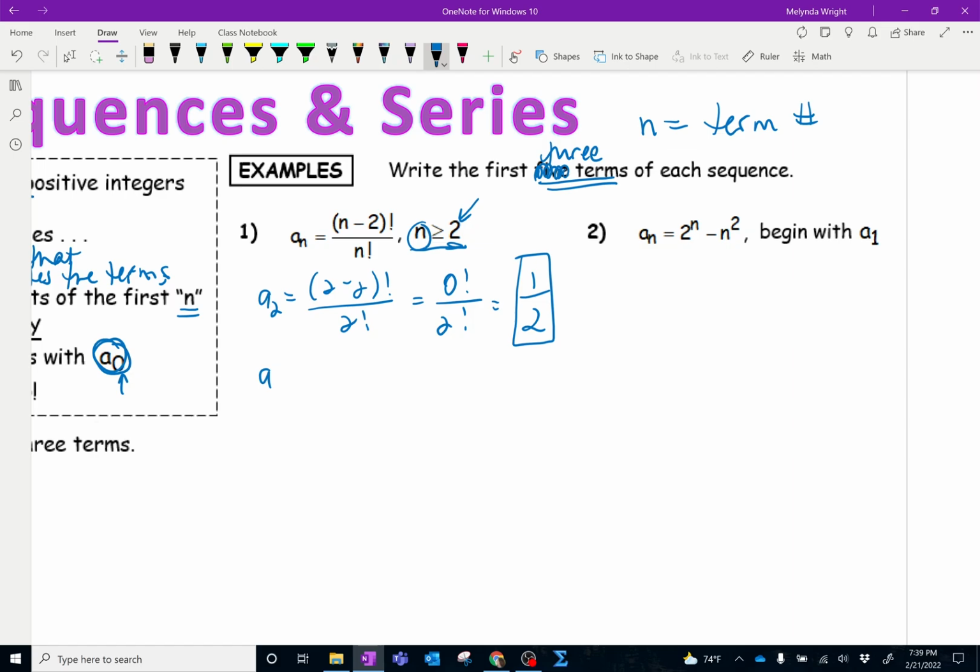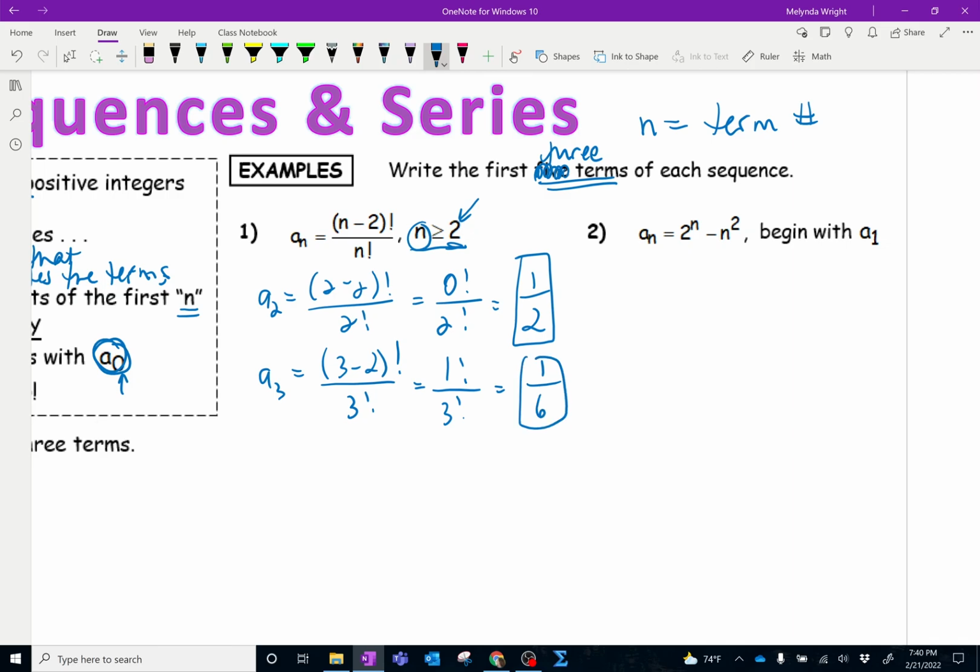A sub 3 would be our next term, so we put a 3 where the n is. 3 minus 2 is 1, so 1 factorial over 3 factorial. 1 factorial is 1, and 3 factorial is 3 times 2 times 1, which is 6.